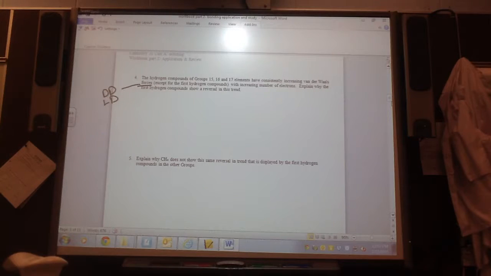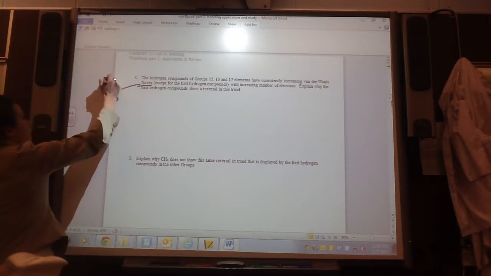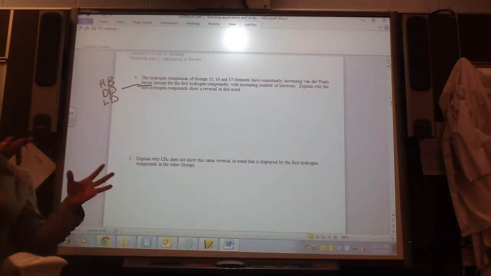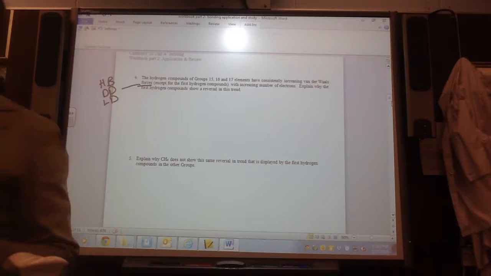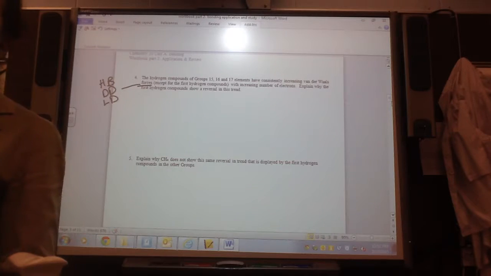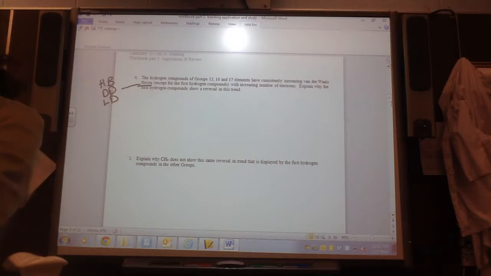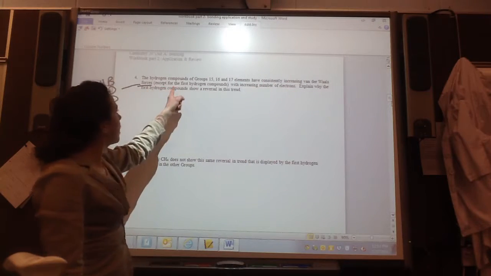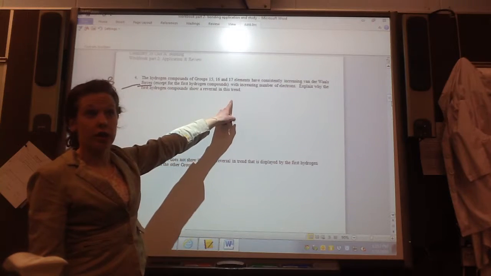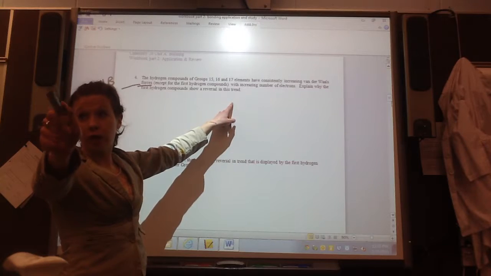And hydrogen bonding. Basically, van der Waals forces is another way to say intermolecular forces. You should have learned van der Waals forces in junior high, just that term, but it didn't tell you hydrogen bonding, dipole-dipole, London dispersion. I told you. Okay. And so then it says, explain why the first hydrogen compounds show a reversal in this trend. That's just what Matthew pointed out.